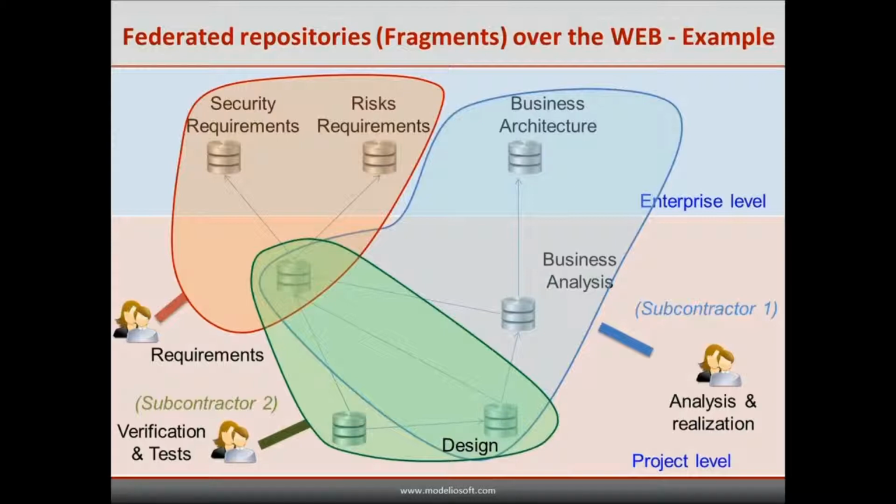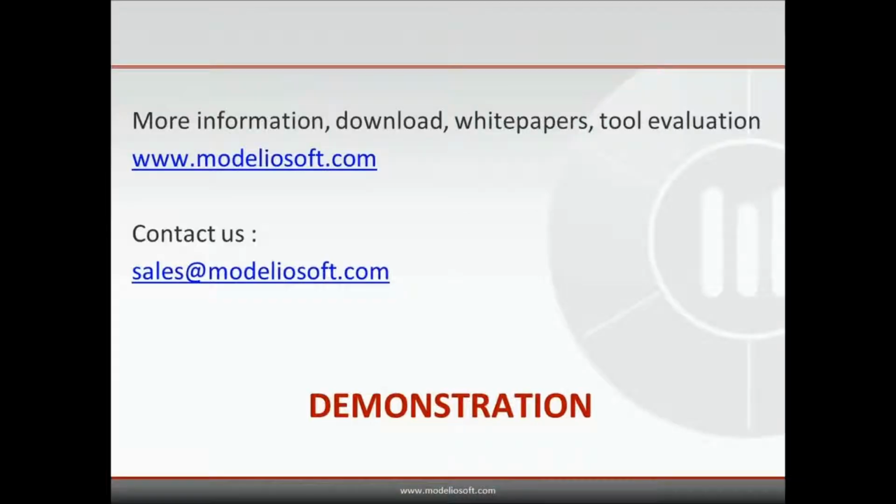So we will see here that you can organize models and work through different teams at different levels, whatever size the company is and whatever distribution the team has. So this is what we call the federated repositories for federated enterprise or even enterprise ecosystems.